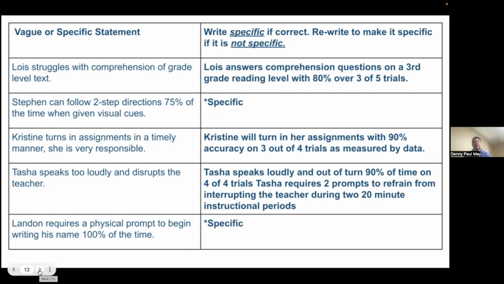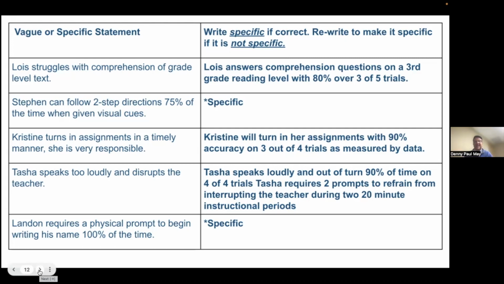So Stephen can follow two-step directions 75% of the time when given visual cues. That's pretty specific, we say. So you can see that when you see the data pop up there, the 90%, that's what we're talking about. We want to see those types of things written into the present levels. These are examples of statements that are bad if that's what we find, because we're going to say, you know what, there's no data, there's no baseline, there's nothing to base the goal on.